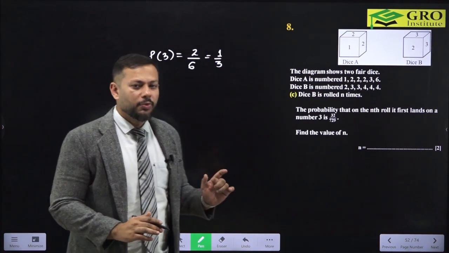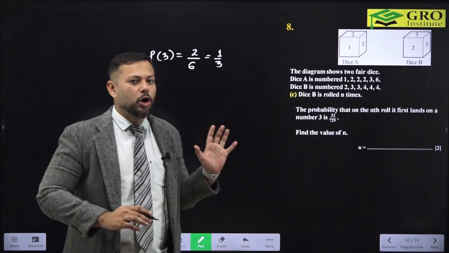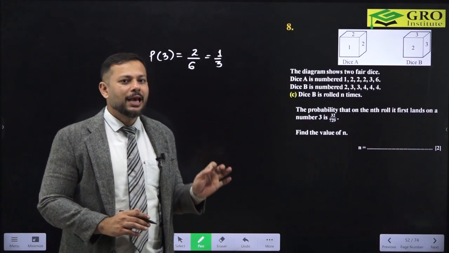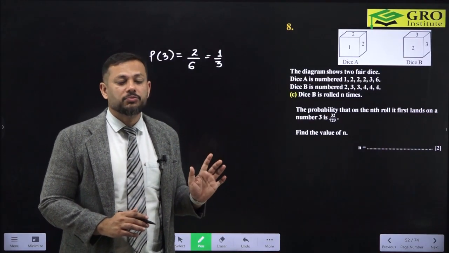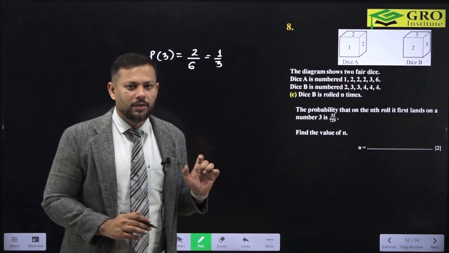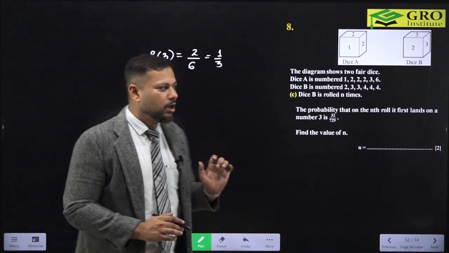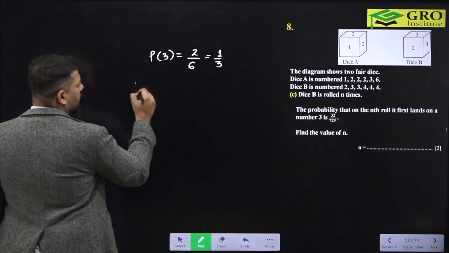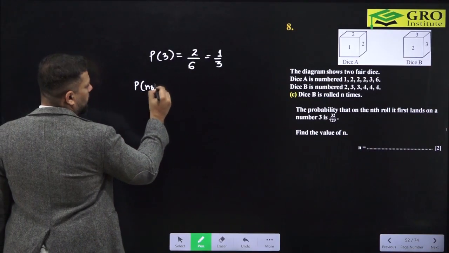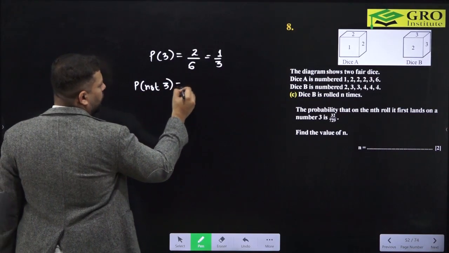And as we know that on the nth roll only we got 3, that means n minus 1 number of times we were getting other than 3. That is P not 3. What is the probability of not getting a 3? P not 3 would be what?